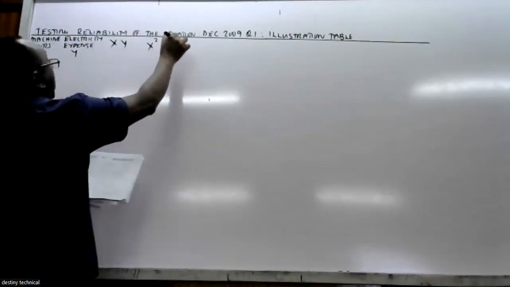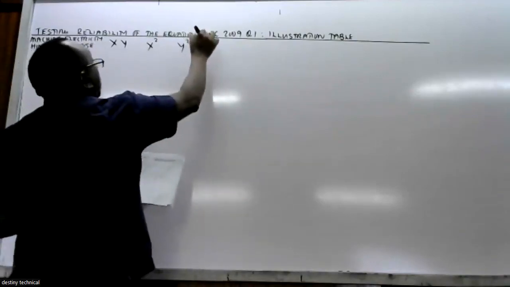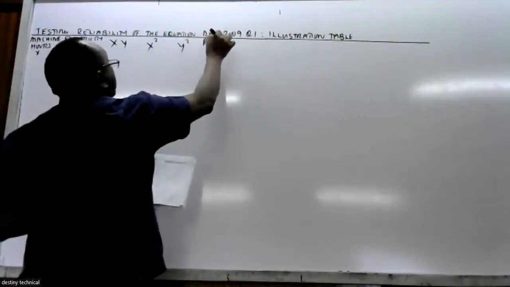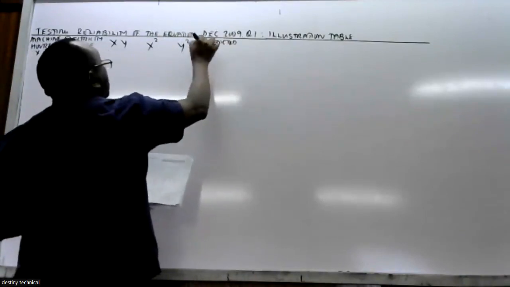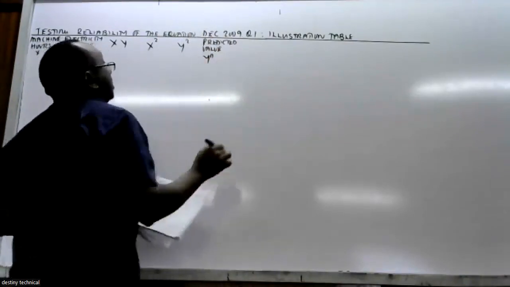We have X squared. We have Y squared. We have predicted value. That is Y predicted.